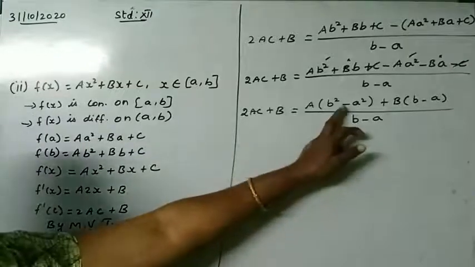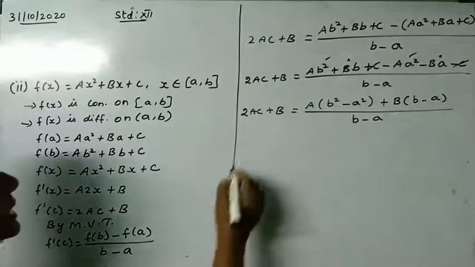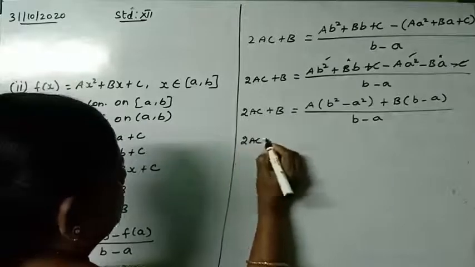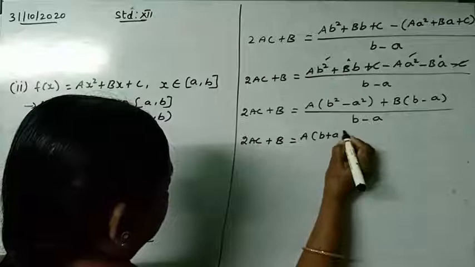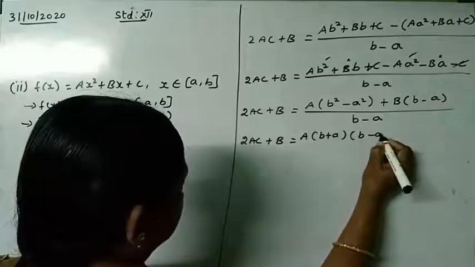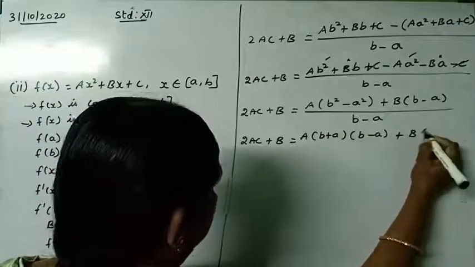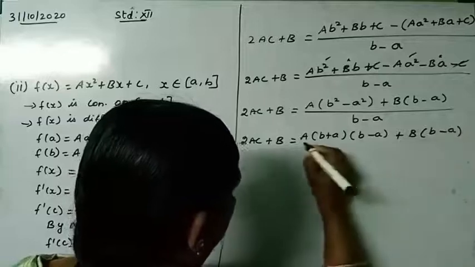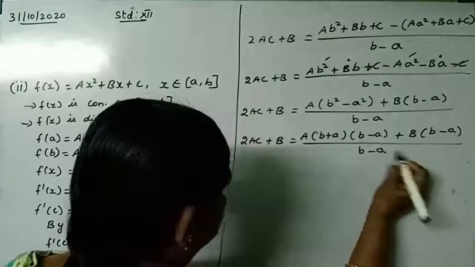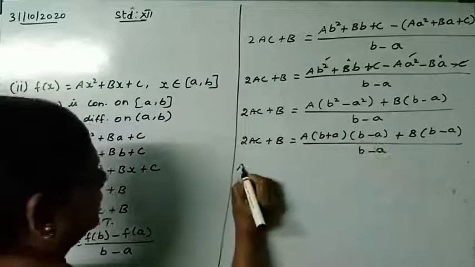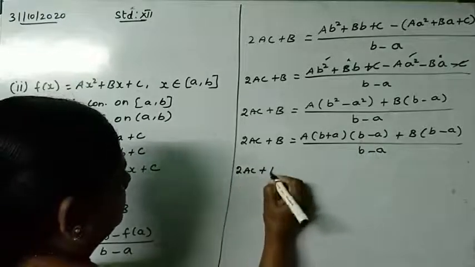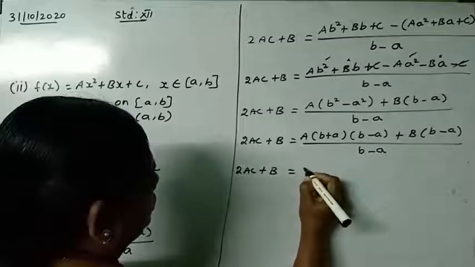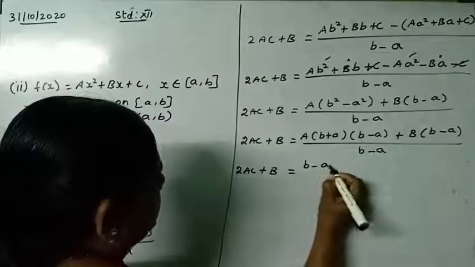Now split this into b plus a and b minus a, so 2ac plus b is equal to a of b plus a into b minus a plus b into b minus a divided by b minus a. Now take the common factor out, 2ac plus b is equal to, so common factor b minus a.